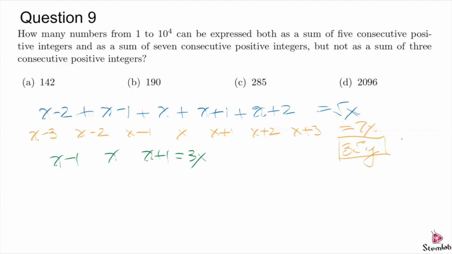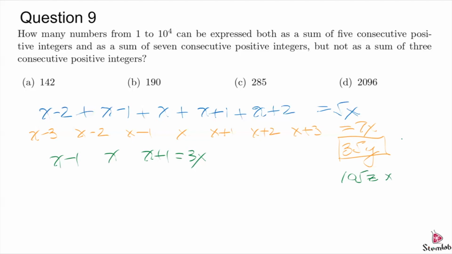The only multiples of 3 that are also a multiple of 35 are multiples of 105, 105z. So we don't want it to be a multiple of 105. So we can just find out how many multiples of 35 there are between 1 and 10 to the 4th, count the number of multiples of 105 that are there, and subtract them.